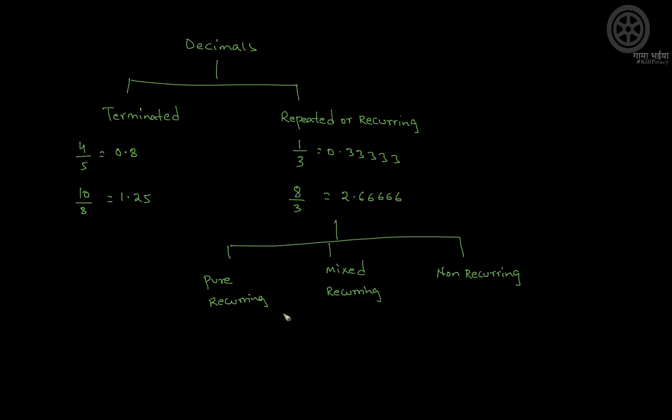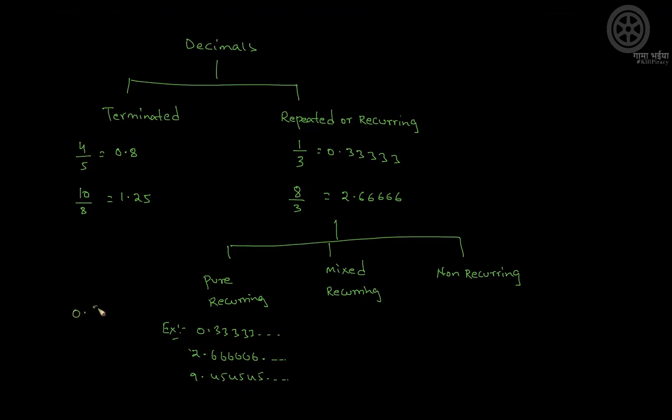Pure recurring, mixed recurring, and non-recurring. So first, pure recurring. Pure recurring examples are 0.33333 and so on, or otherwise 2.666666 and so on, or otherwise 9.454545. This is called the pure recurring.